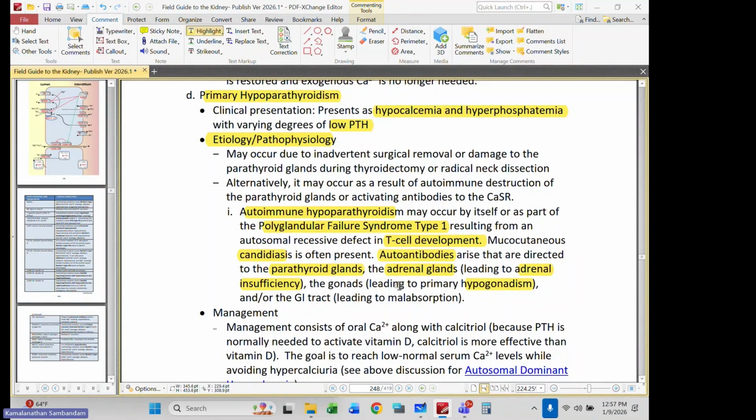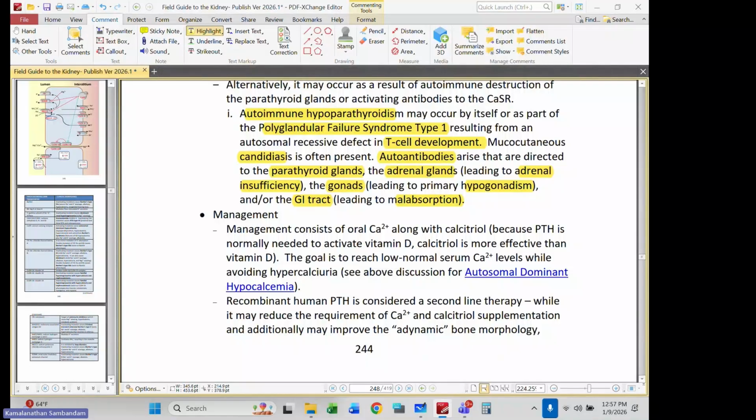These patients can develop hypogonadism, and they can also have problems with malabsorption as well. Okay, you recall there are other polyglandular autoimmune syndromes that can manifest with type 1 diabetes, but this is the most common one that can present with the low parathyroid function.